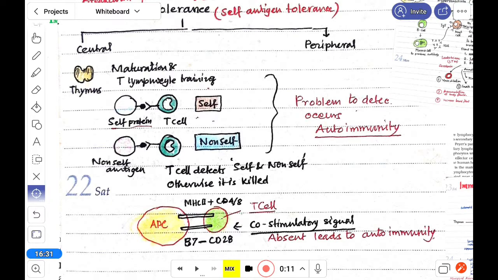So the antigen presenting system can give signals some other way. They cannot detect, and they start killing our own protein. So that is autoimmunity.